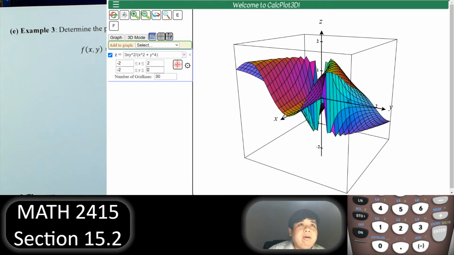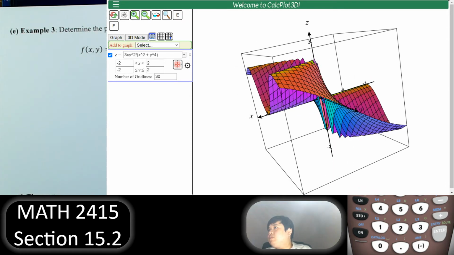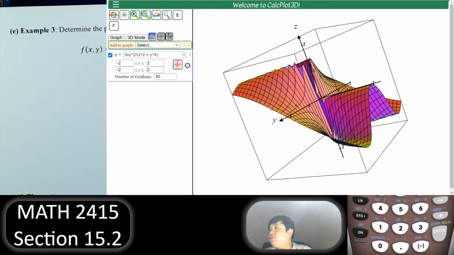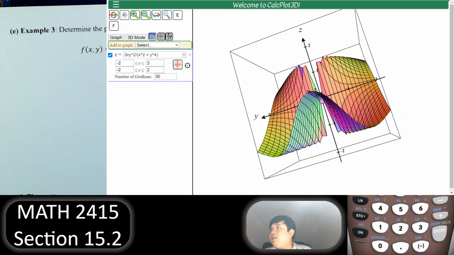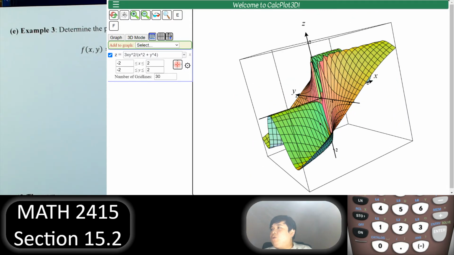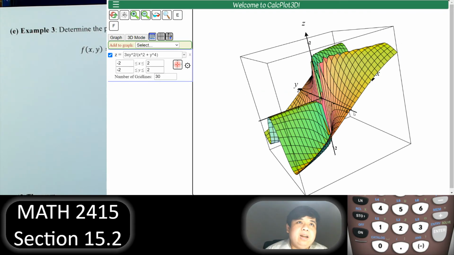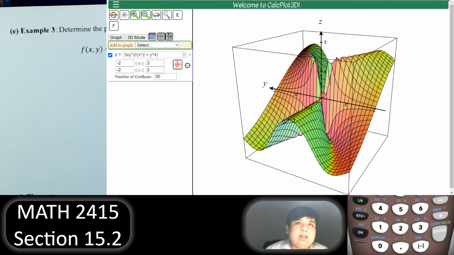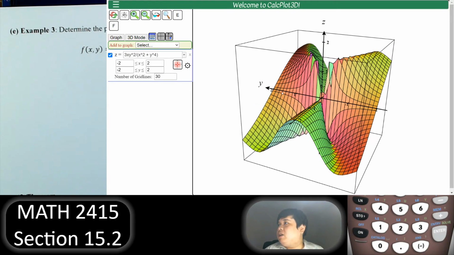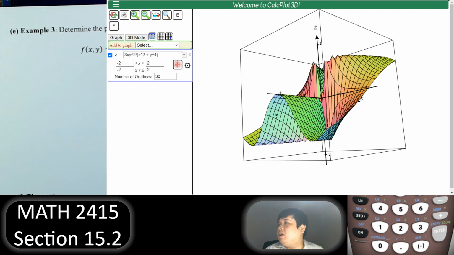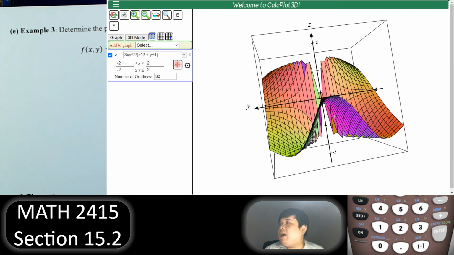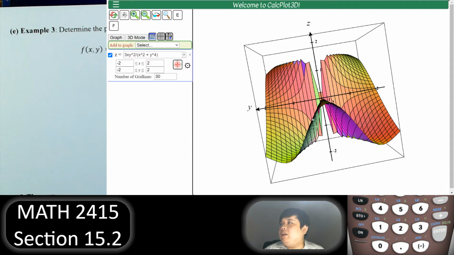Right. How about now? That looks interesting. But once again, now let's focus on this. Okay, stop moving. Okay. It looks like there's a parabola here, right?